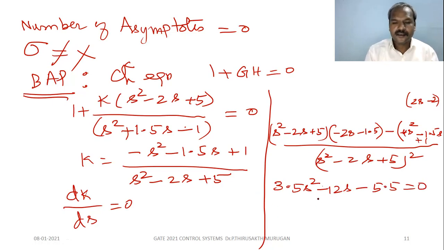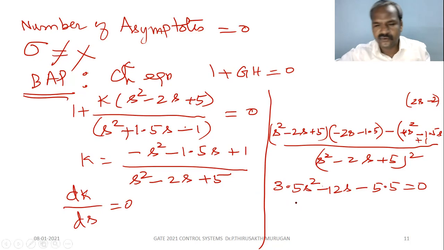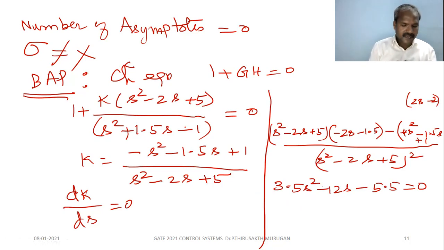So if we calculate using the quadratic equation, please do it, my dear student friends. Please calculate and tell me the value using the quadratic relation, taking the coefficients: a is 3.5, b is 12, c is 5.5.